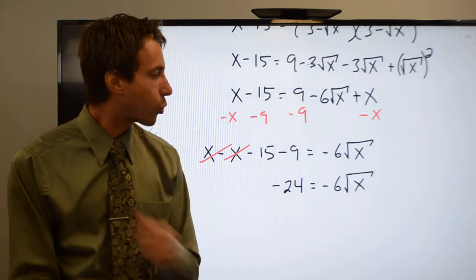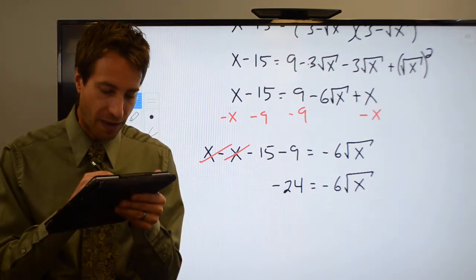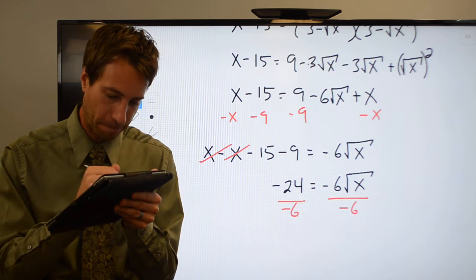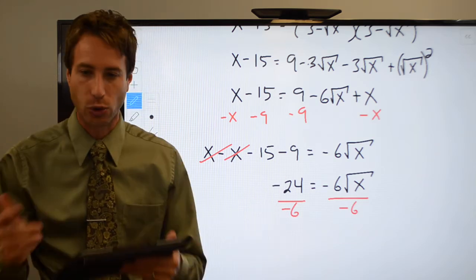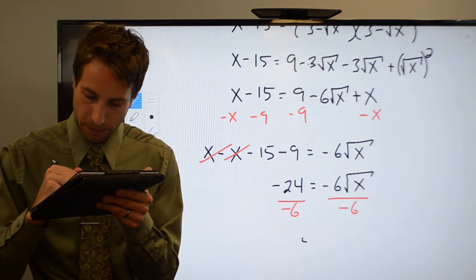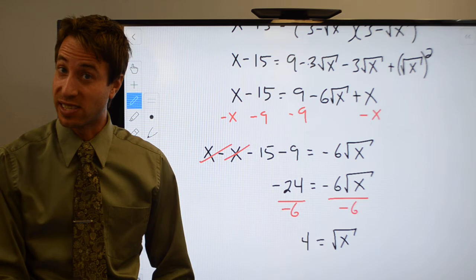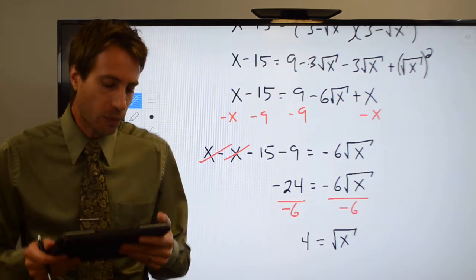Okay, I got to get the square root of x by itself, and since I have multiplication here, we'll divide both sides by a negative 6. All right. Minus 24 divided by a negative 6, of course, is going to be a 4. And once again, I have a radical. How do I get rid of the radical?